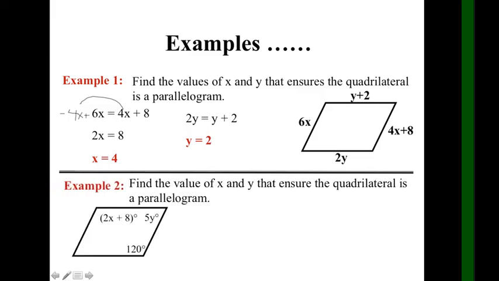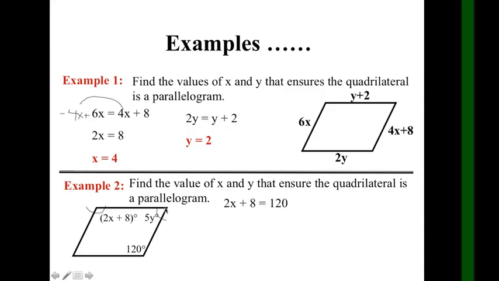Another example. Find the values of x and y that ensure that the quadrilateral is a parallelogram. But in this portion, I think we're looking for this angle and this angle. So, dalawa. Given this is 120. The total degrees inside a parallelogram is 360 degrees.